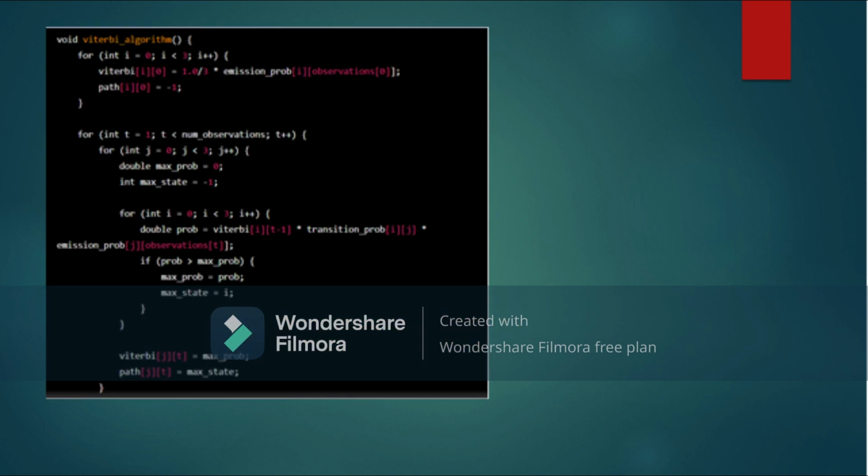Then, the Viterbi algorithm function is called, which iterates over the observations, updating the Viterbi and path matrix at each step. For each time step t, the algorithm considers all possible states j and looks back at the previous time step t minus 1 to find the state i that maximizes the probability of being in state j at time t, given the observations up to time t.